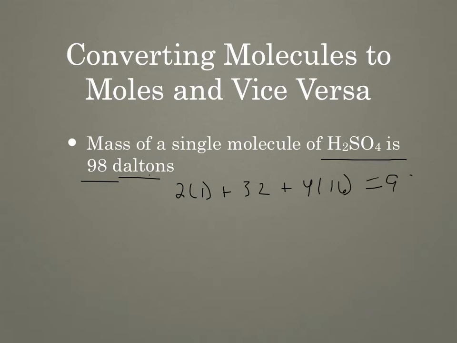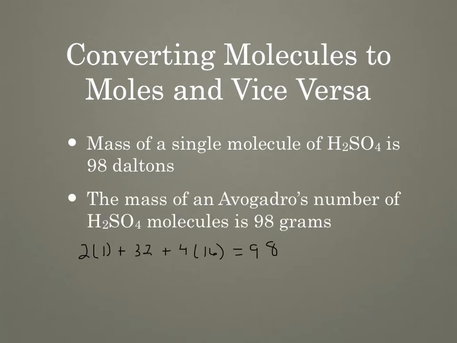That equals 98. So if we had just one molecule, it would have 98 Daltons, really, really small amount. So the mass of Avogadro's number, in other words, if we had 6.02 times 10 to the 23rd of those molecules, we would get 98 grams.